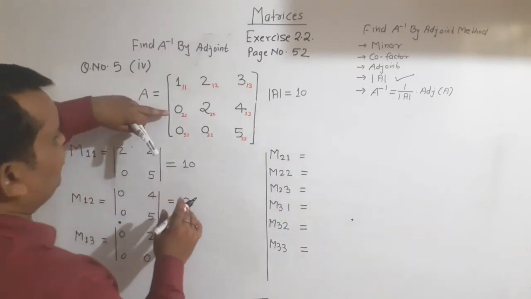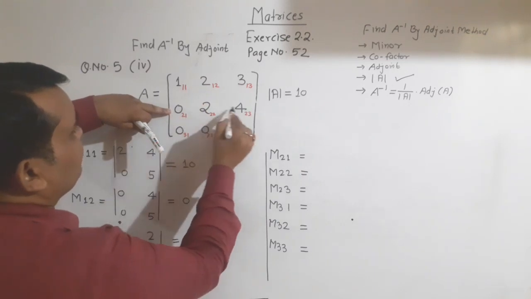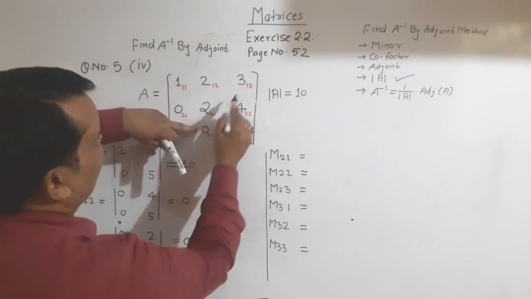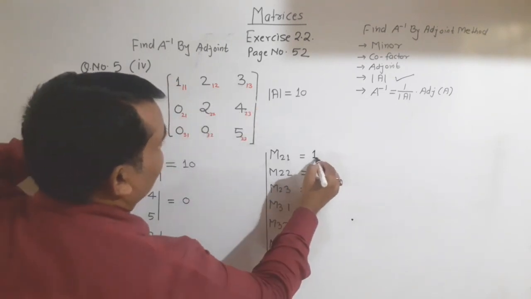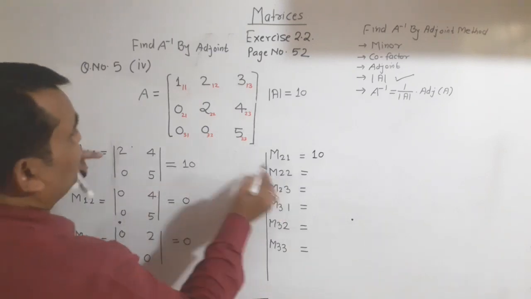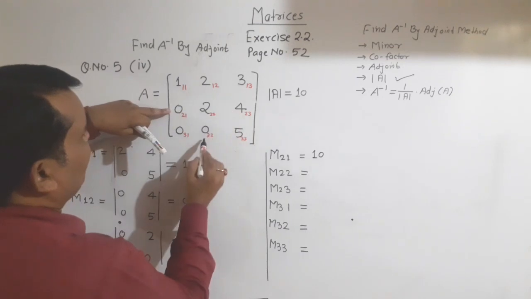So 21 is here. Remove the first column and second row. So what happened? 2 5s are 10 minus 0, that is 10. Next one my dear, 22 is this, second row second column.